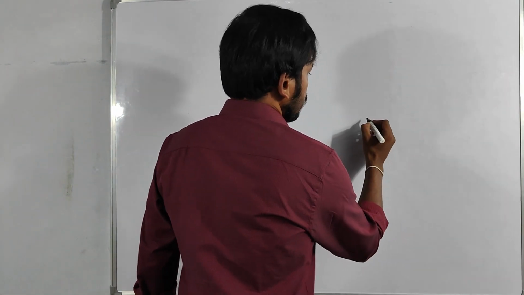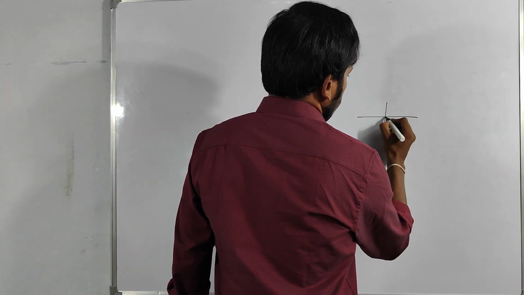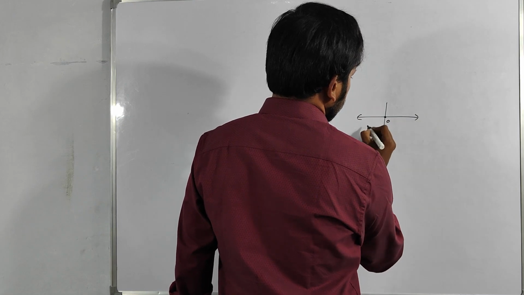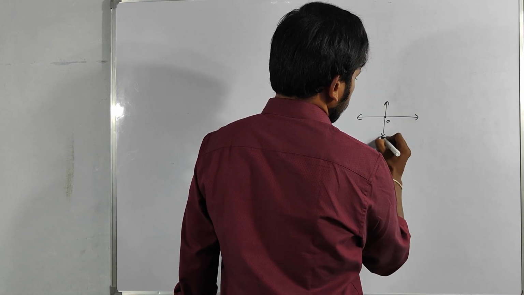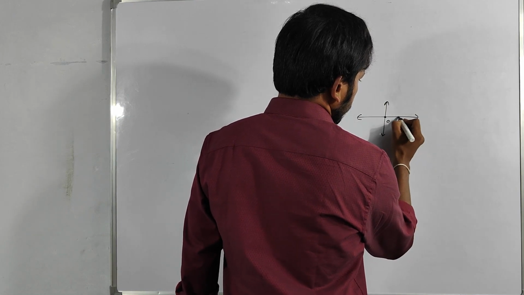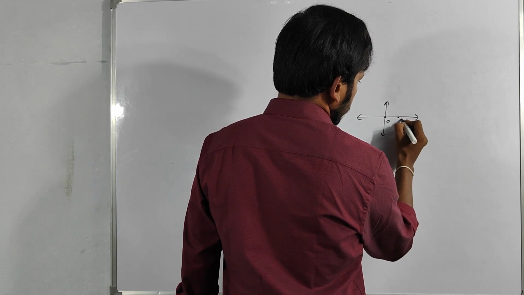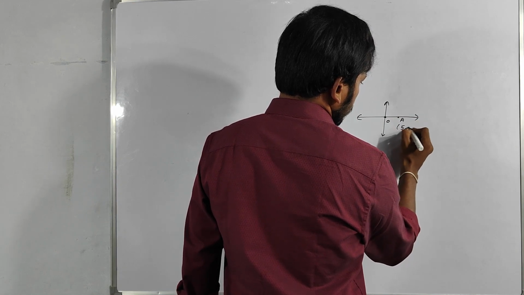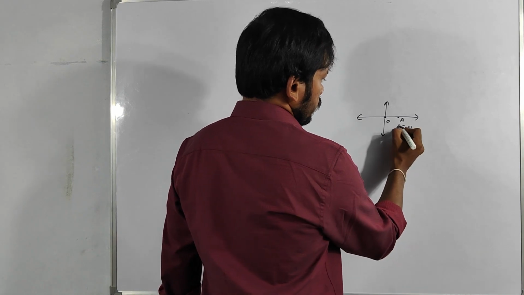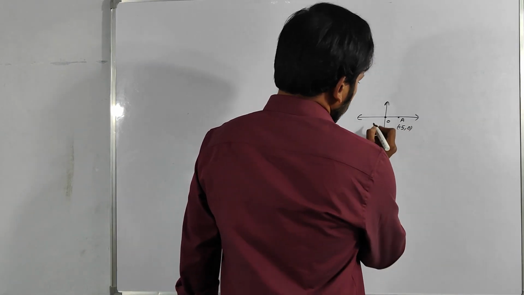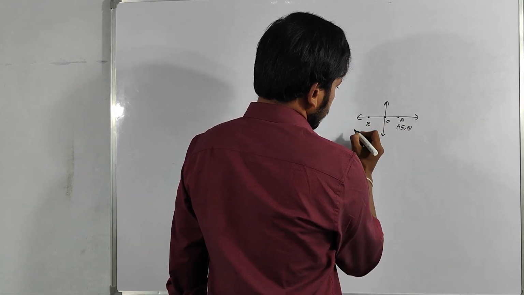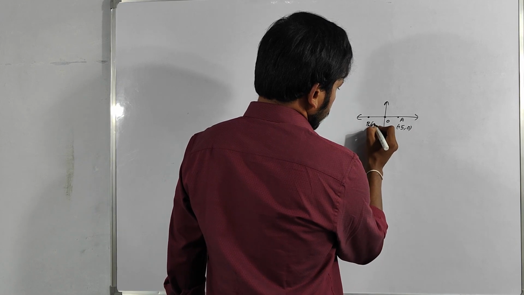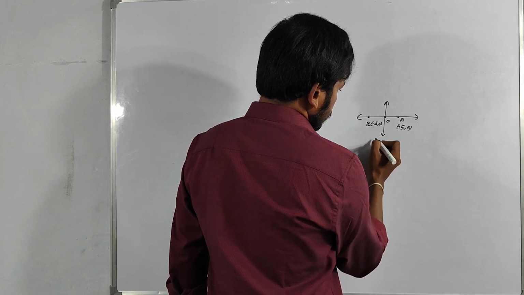Okay, in simple words, this is the origin, positive x, negative x, positive and negative y, right? So if any point exists here, say for example point A, that point will be 5, 0, right? Positive 5, 0. If a point is considered as B, this point will be minus 5, 0.